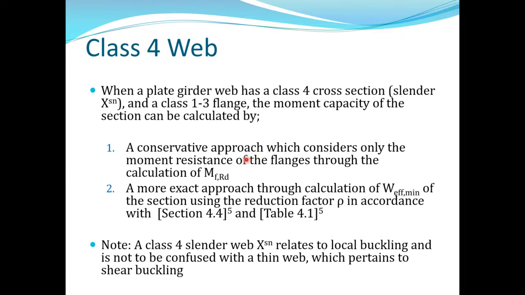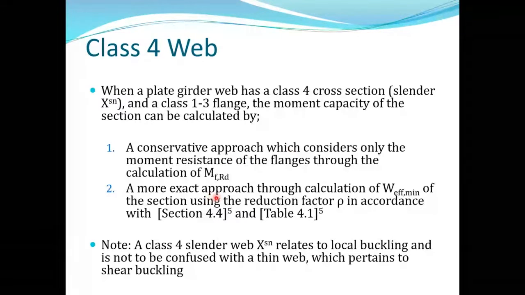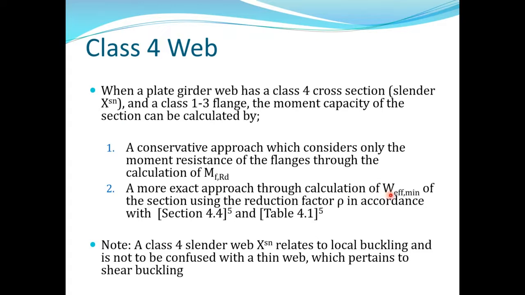So I could just follow approach 1 here, or in approach 2 I could go for a more exact approach by calculating the effective elastic modulus of the section using the reduction factor in accordance with section 4.4 of Eurocode 3 part 1-5 and table 4.1 of Eurocode 3 part 1-5.